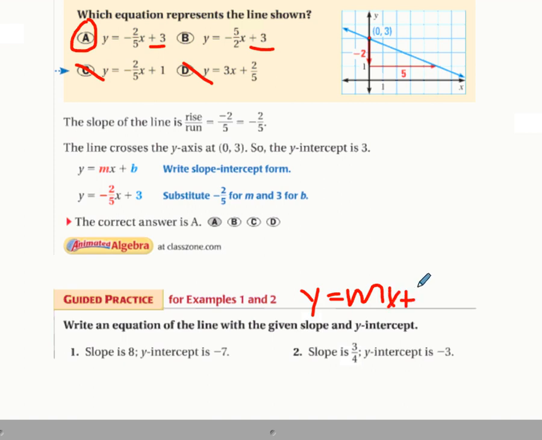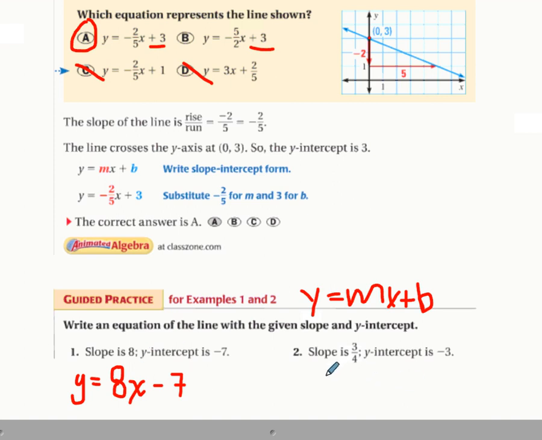Okay, so I am doing y equals, slope is 8, so 8x, and then I can do two things. I can either do plus -7, or I can just write -7. I like to do just -7 because it looks a little cleaner instead of having the plus negative sign here. Okay, so that would be my equation of my line given the slope and the intercept.